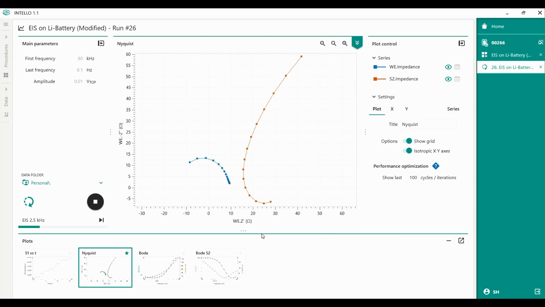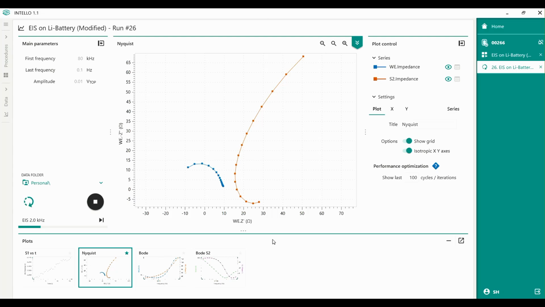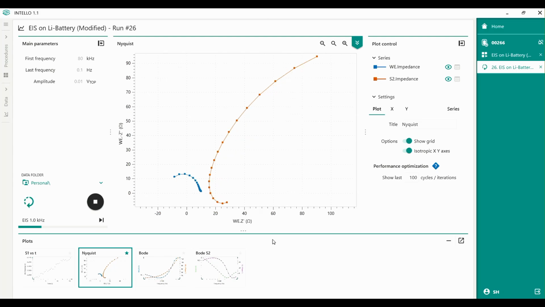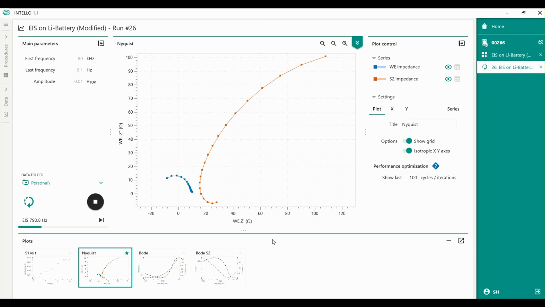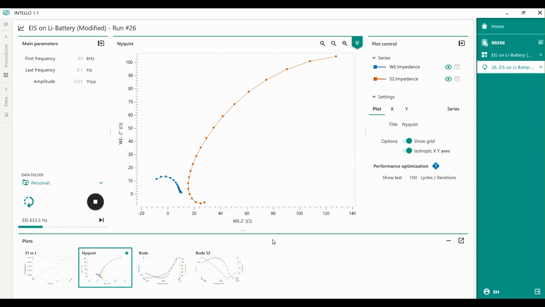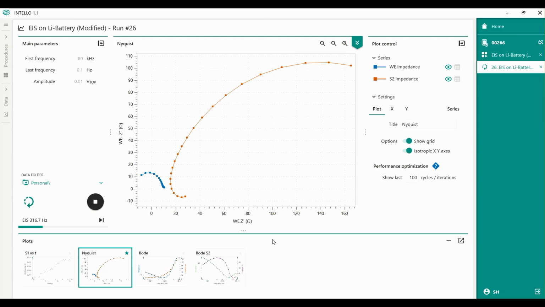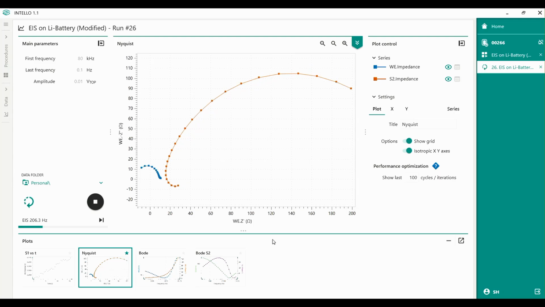So I merged the Nyquist plot of the working electrode with the Nyquist plot of the counter electrode, and we have all plots in one graph now. This measurement will take now about 2 minutes till it's finished.